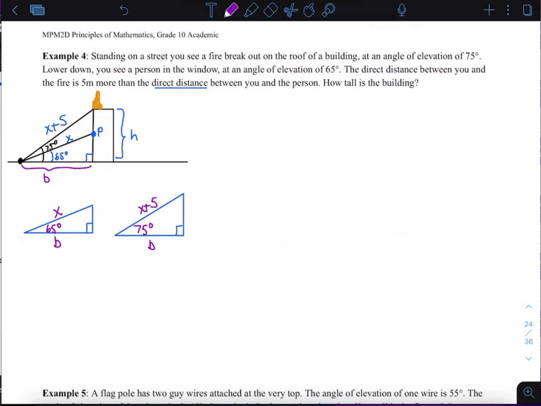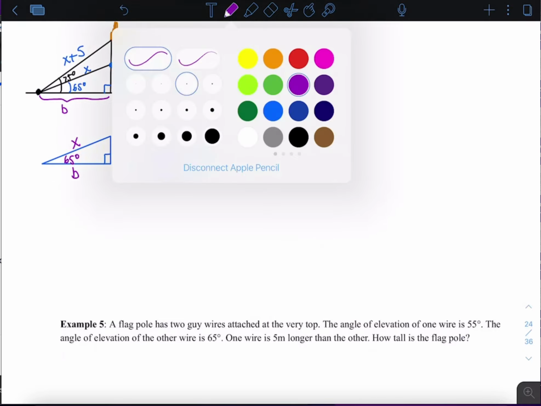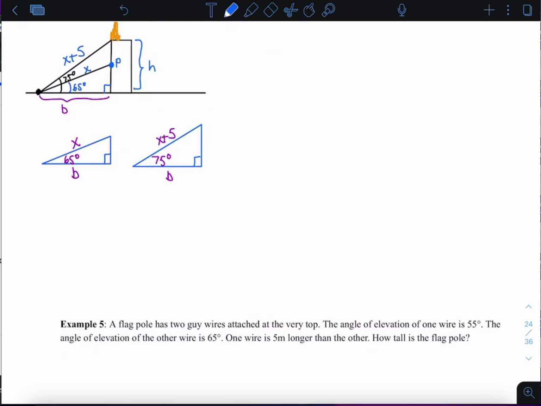So we're in this situation again where we have two equations and two unknowns. So let's see what we can do here. I'm going to use the cosine ratio because I want to relate my adjacent side with my hypotenuse. So cos 65 degrees is b over x. And here I have cos 75 degrees equals b over x plus 5.